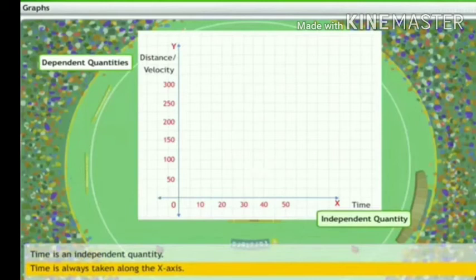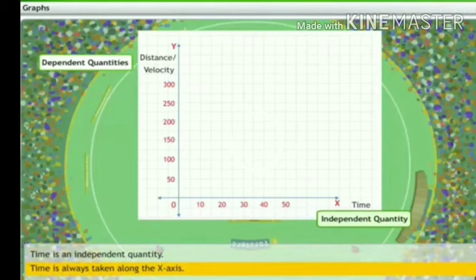There is an independent quantity that is always taken along the x-axis. Thus, time is the independent quantity. We have taken it on the x-axis, and displacement with respect to time and velocity with respect to this time is taken on the y-axis.